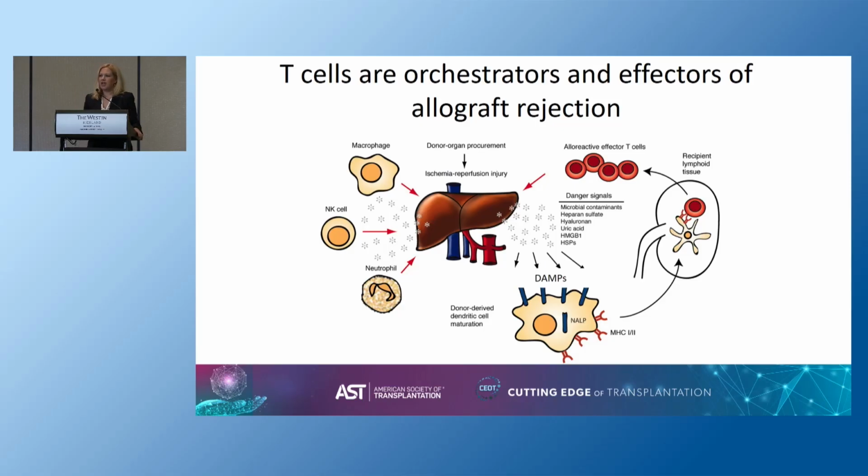All right. So just to get us all on the same page, of course, I don't have to tell this audience that T cells are really the orchestrators and effectors of allograft rejection.